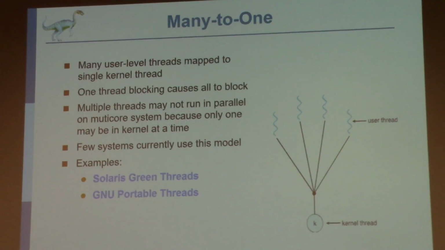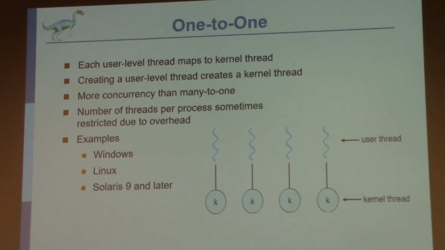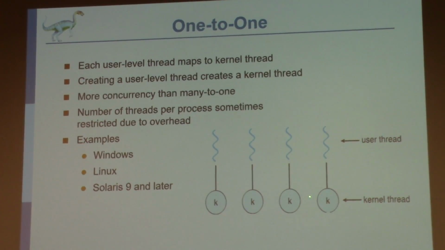However, it's a bottleneck. To address that, we allocate one user thread to one kernel thread. So it's a dedicated match. Windows uses this, and Linux too, one-to-one. The problem is that you need a lot of kernel threads.